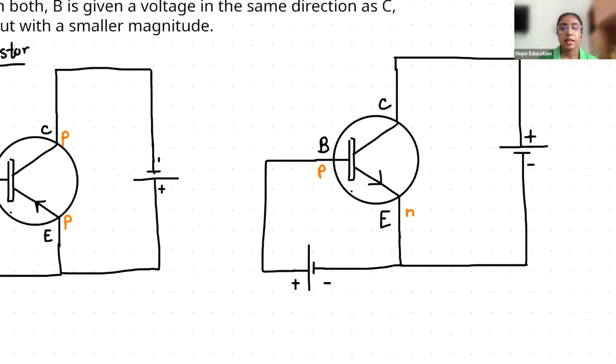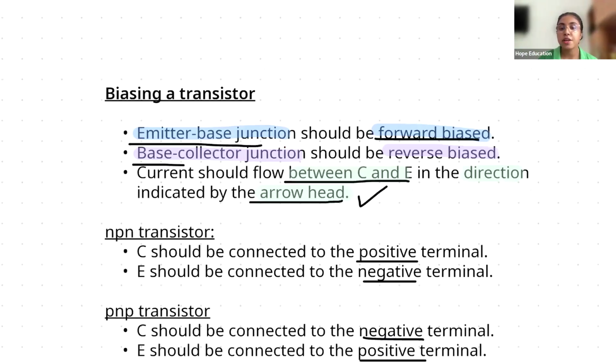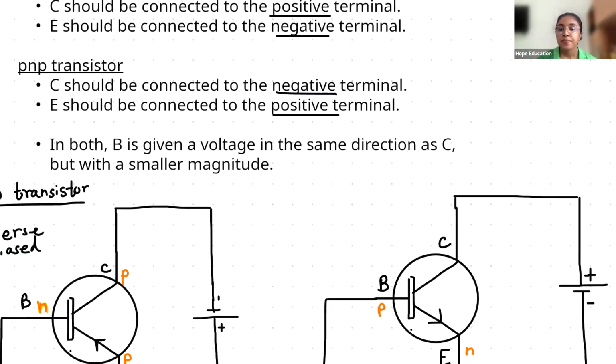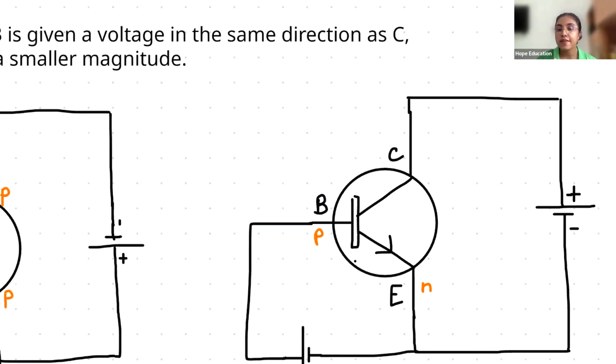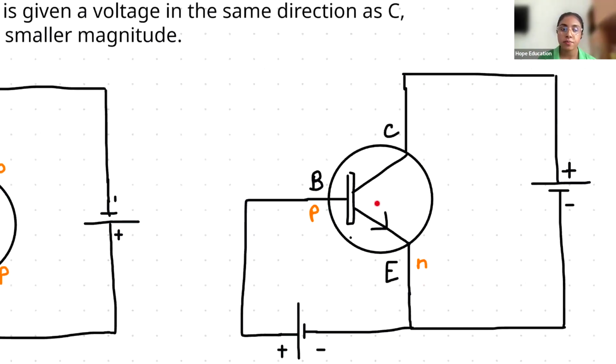Alright. Let's come here again. Base collector junction should be reverse biased. ඒකත් අර වගේම තමයි ළමයි, right? Forward bias වෙන්න නම් positive to positive, negative to negative, no? You know මෙතන collector එකත් negative, right? So here positive to positive එක හරි. මේ පැත්තේ positive එක්කෙනෙකුට connect වෙලා.